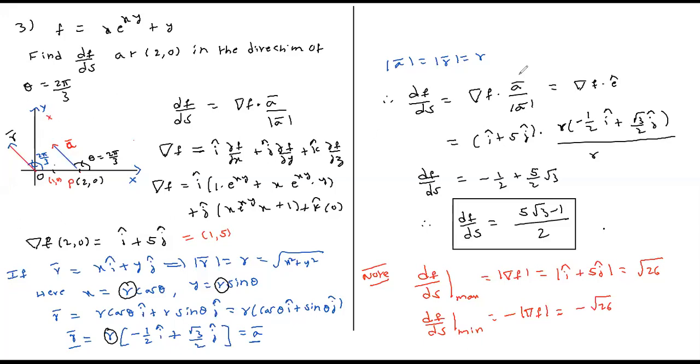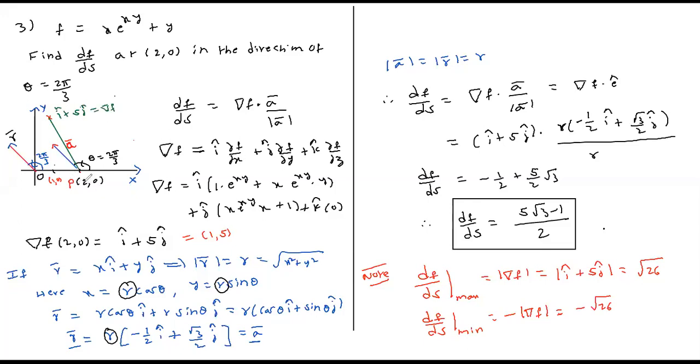In this direction you are going to get the maximum value, right? This is i bar plus 5j bar, which is equal to del f.